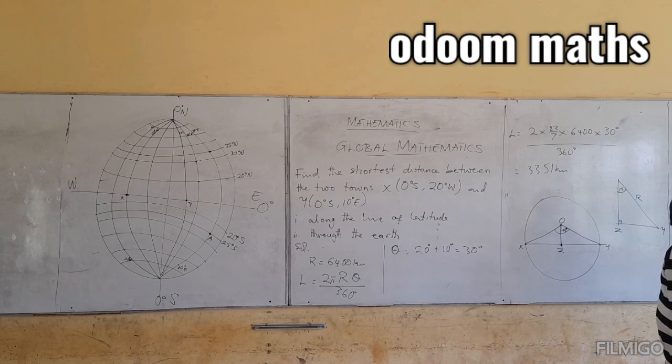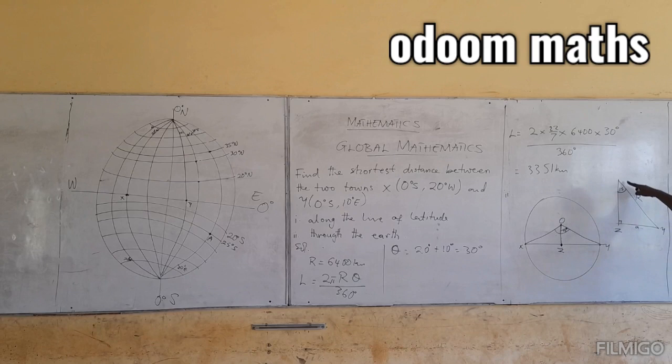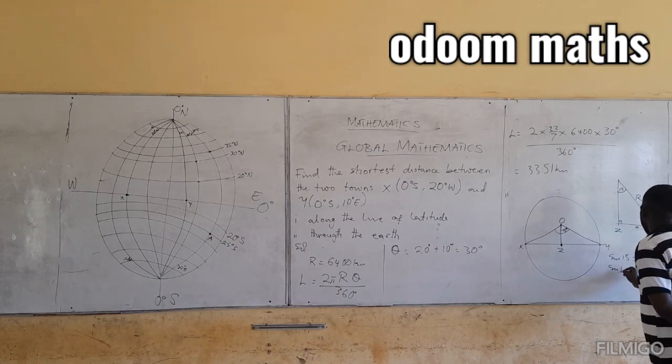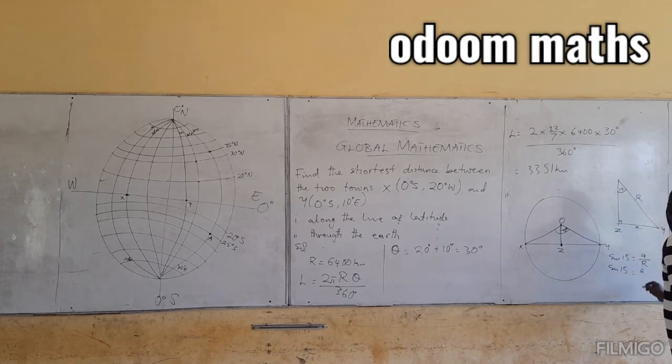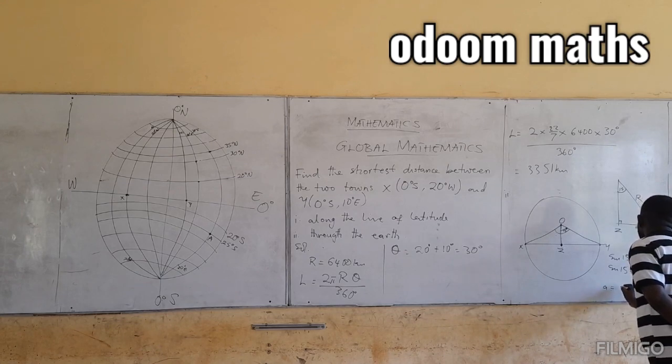So we need this distance. Let me call this side A, not to confuse with this X. So now this is the opposite, and this is the hypotenuse. So that is going to be sine. Sine 15 is equal to A, opposite, over hypotenuse R, and sine 15 becomes A, which is what we don't know, over R, which is 6,400. So A becomes 6,400 sine 15.